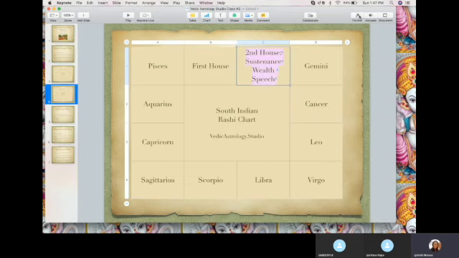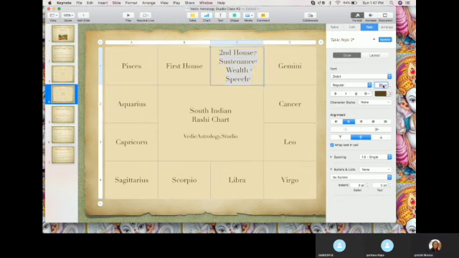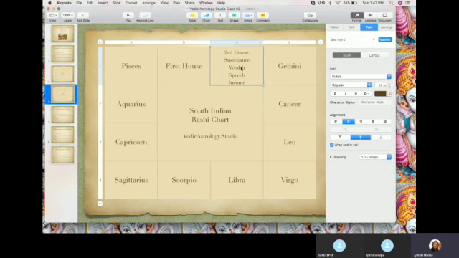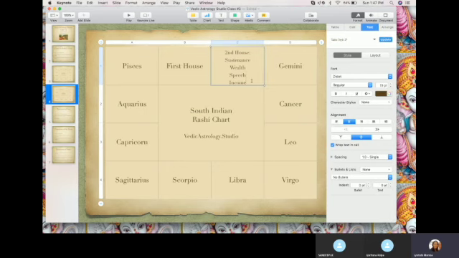It is the income that we generate from our 9-to-5 job. So when the sun is placed in the second house, or the moon, then we find these topics in life very important.